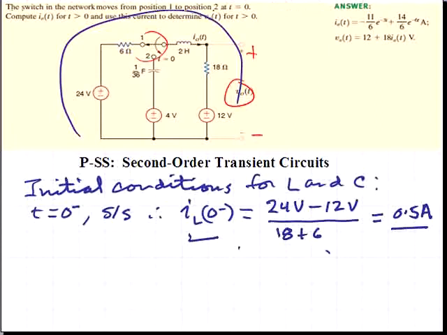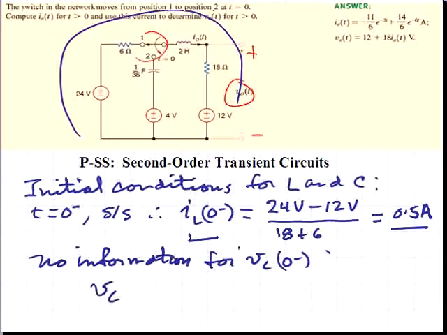For the capacitor, we have no information provided. Before the switch operates, it is just connected in an open circuit. So we'll assume the simple condition that VC at 0 minus is equal to 0 volts.